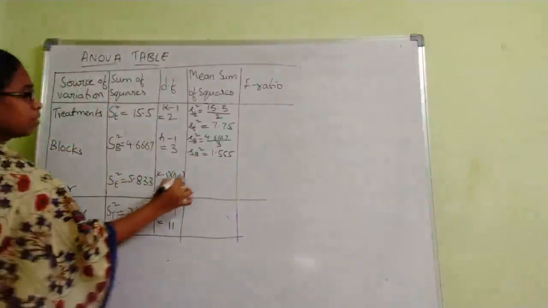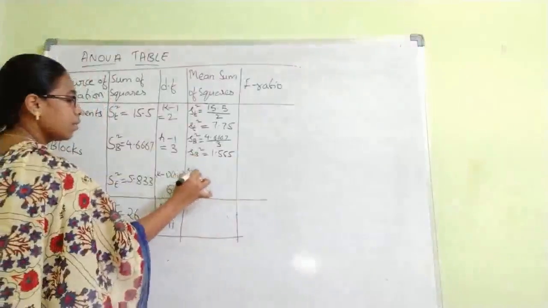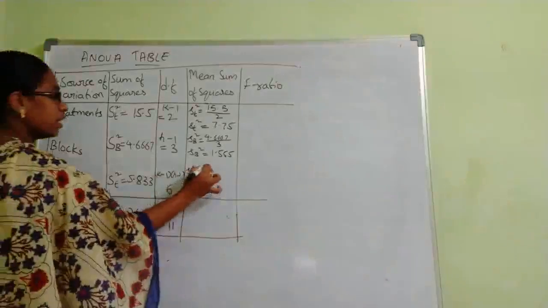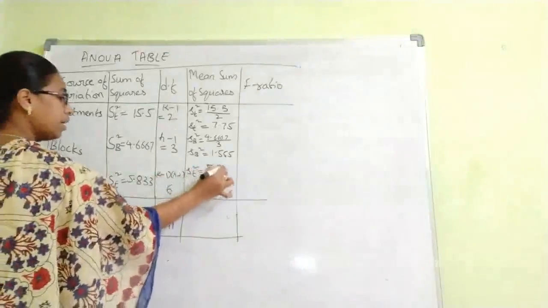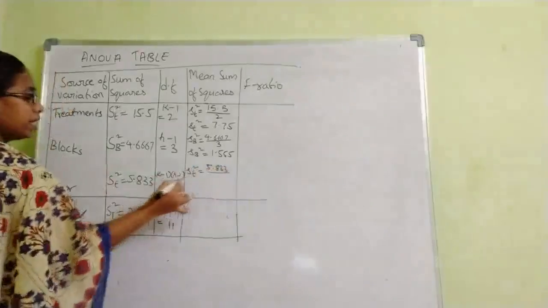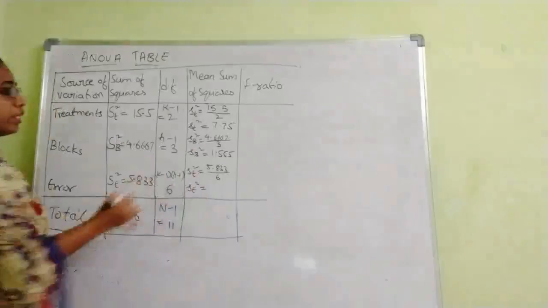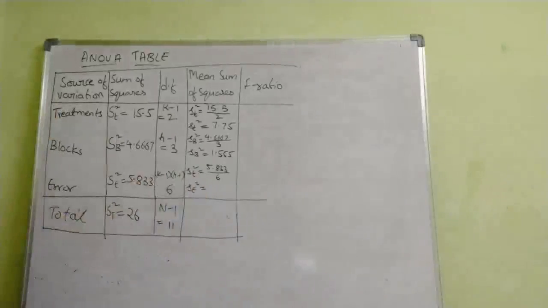Next, the error mean sum of squares, small SE square, equals the error sum of squares, 5.833, divided by the degrees of freedom 6. So SE square is 0.972.